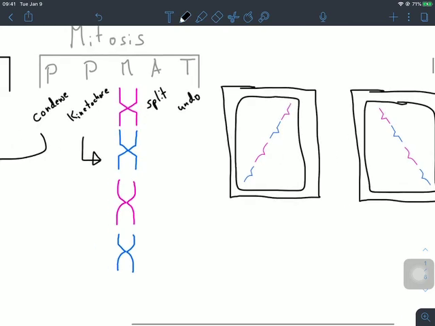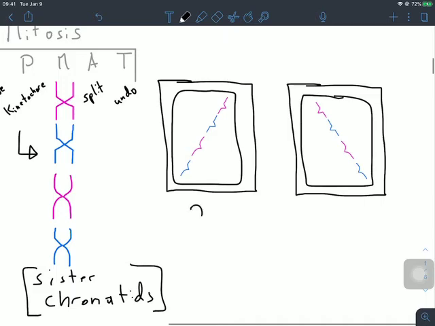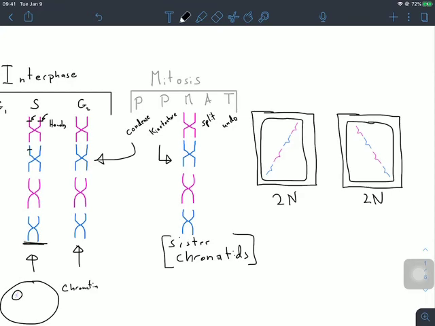And keep in mind, when they are connected together in a large X-shaped chromosome, these are two different sister chromatids. And it's sister chromatids that are separating in mitosis. So at the end of things, you end up having a 2N cell next to a 2N cell, and everything is identical and happy to continue living on.